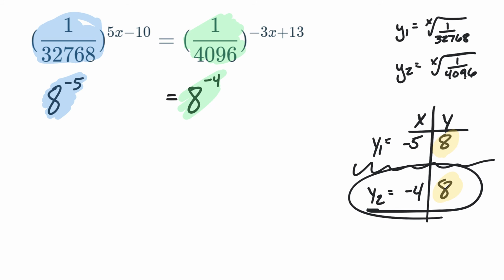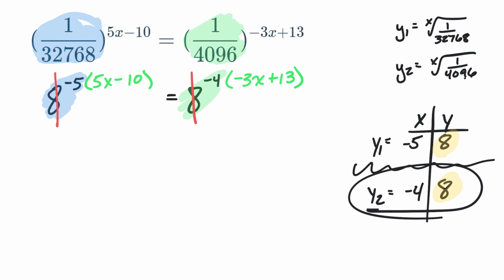All right, so we're going to carry down the exponents from before, 5x minus 10 and -3x plus 13, just like you see there. So we match the base values. So since we've matched the bases, we can cancel those.